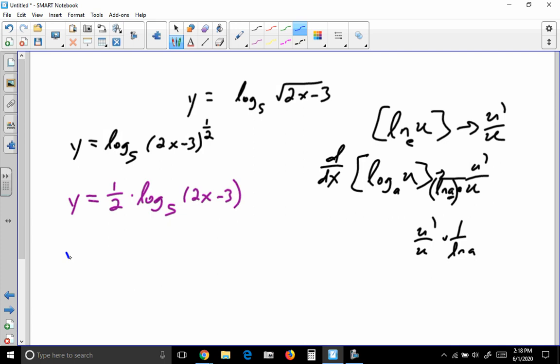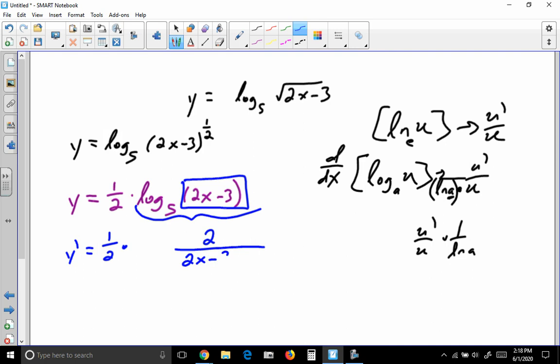So this 1/2 is a coefficient, so we leave it alone, and then we take the derivative of that part. So we have our u prime over u. So the derivative of u, that part is our u. The derivative of that is 2 over u times natural log of a.